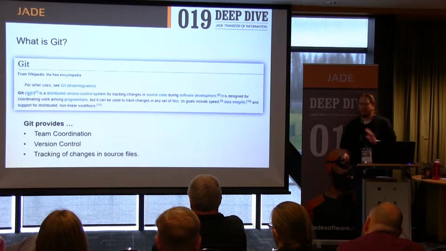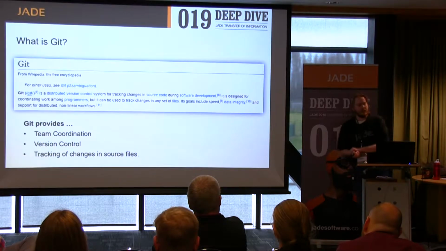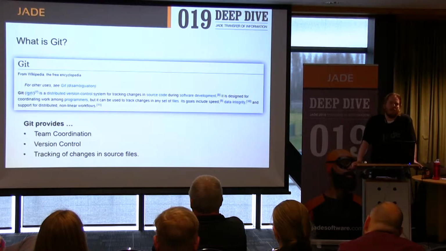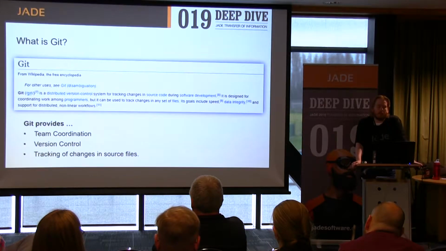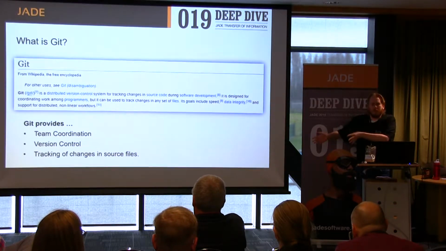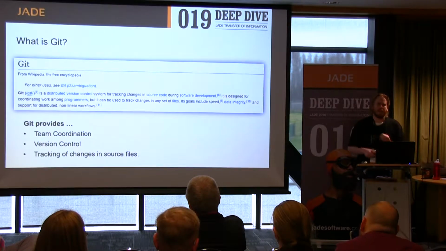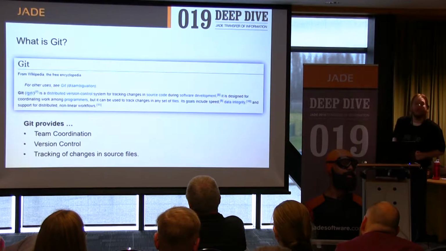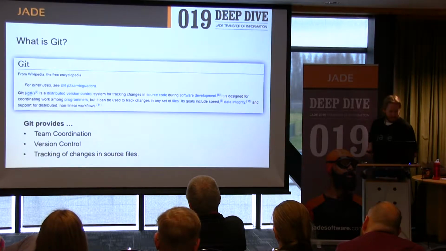Now, you might notice at this point, one of the things Git does is it tracks changes in source files, and Jade isn't actually built from source files. So we've got the schemas and DDBs, or now DDX files, but you don't start with them and then build them into a Jade database. It happens the other way around. And so one of the things we're going to be looking at is how does that paradigm look? And that's going to be something, again, pitch for the workshop, something we're going to be talking about during the workshop.